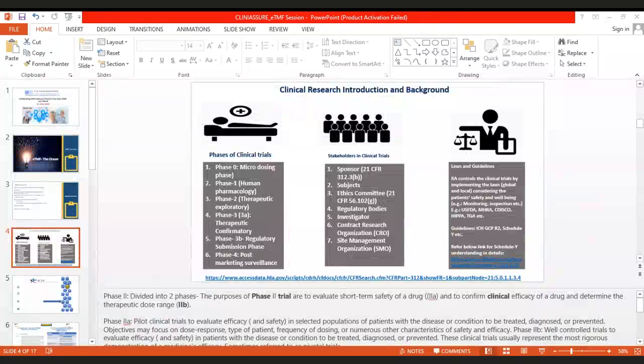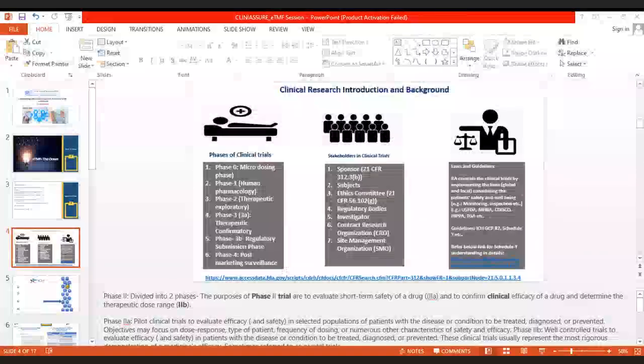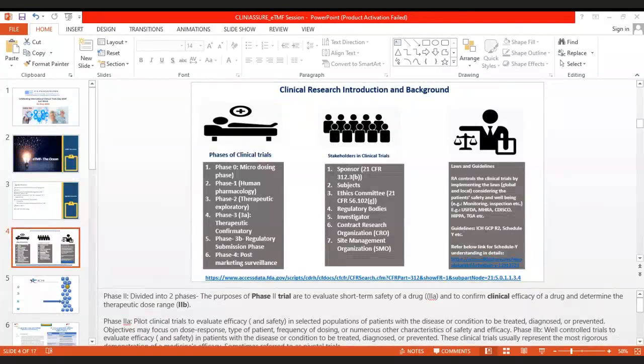Mrinal, are you able to hear us now? Mrunal, you can type in the chat box if you are not able to hear us.